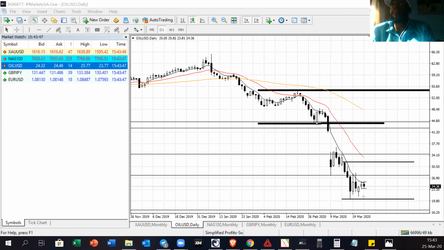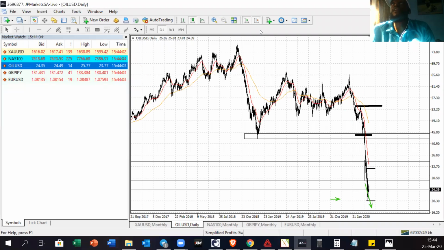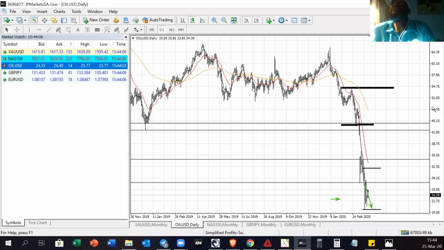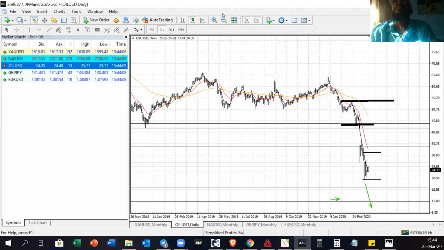Other bears are thinking they want this level here to break, and then take this down further to those levels that were identified. And those levels are known as 17 bucks and 11 bucks.